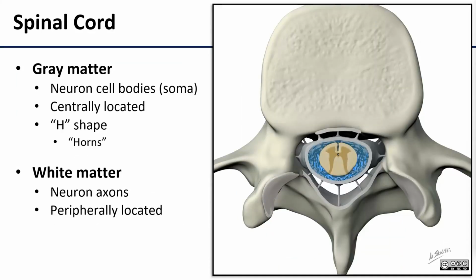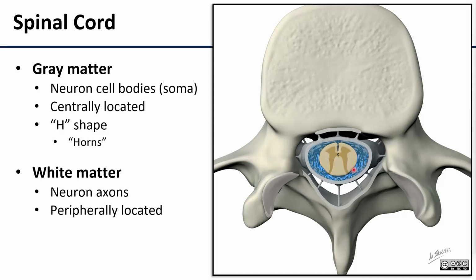The spinal cord is arranged with its gray matter tucked away on the inside where it makes this kind of H shape here. Now, gray matter, remember, is composed of neuron cell bodies or soma. So each of these horns coming off the gray matter are homes for neuron cell bodies. The white matter then surrounds the gray matter and it fills in all the little gaps to give it a relatively circular diameter here.